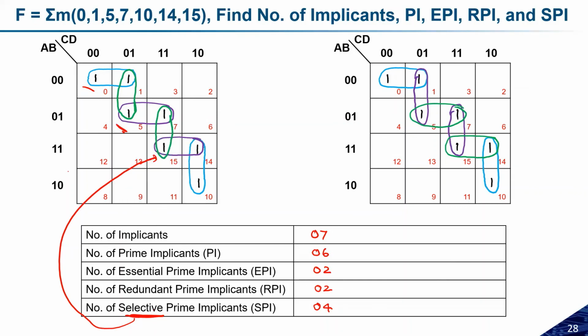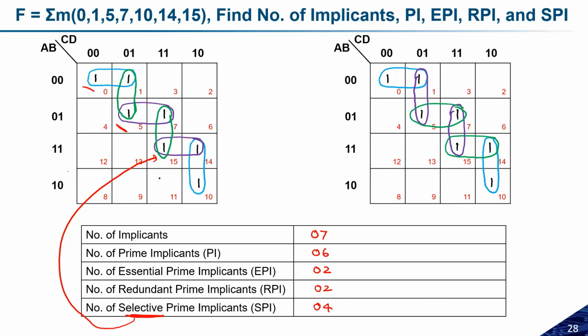I think I know what your reference was for this question: we have 4 possibilities for the selective one, so why not 4 possibilities for the redundant one? Yes sir, this was your concern, right? The thing is, the redundant comes after the selective one. Once we have considered the selective one, then we can consider the redundant one. We cannot say up front that this is the redundant one.